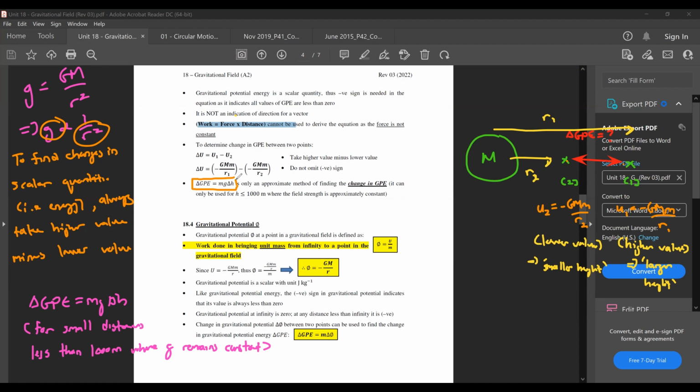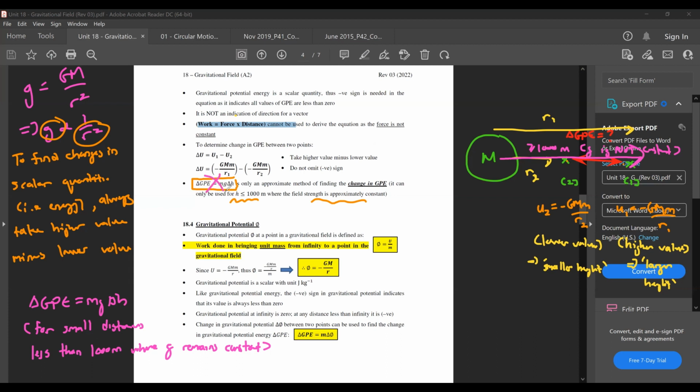That one was okay to use because the distances involved were just less than 1000 meter, where the field strength is still approximately constant. But when you're talking about the current chapter, where the distances involved are very, very large, all the way into outer space, which is definitely more than 1000 meter, your g is not constant anymore. It will continuously vary. So we cannot use this equation from AS.